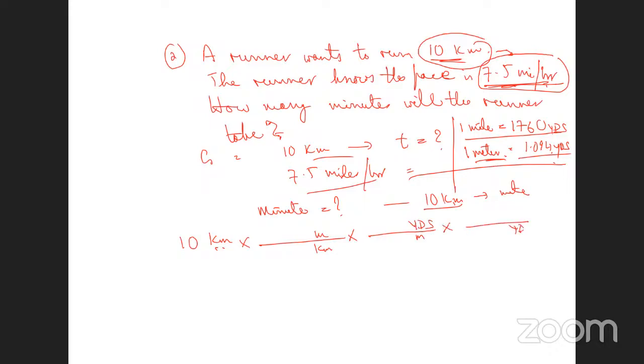I put yards here, and then I get miles at the top. Then I can convert this 10 kilometers. So let's fill this in. 1000 meters is 1 kilometer. 1 meter means 1.094 yards. 1 mile means 1760 yards. So what I'm trying to do is convert 10 kilometers to miles. Right, let me do that first.